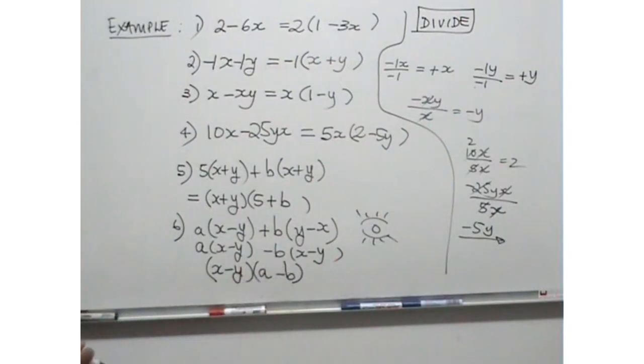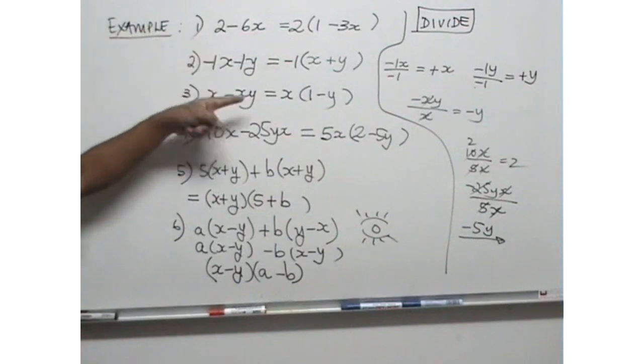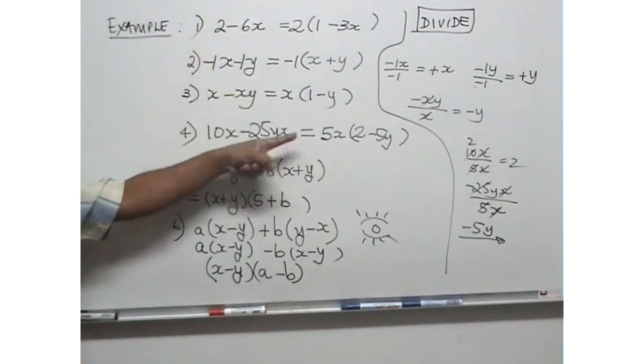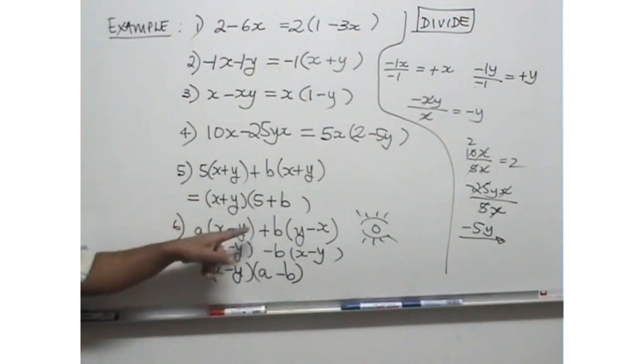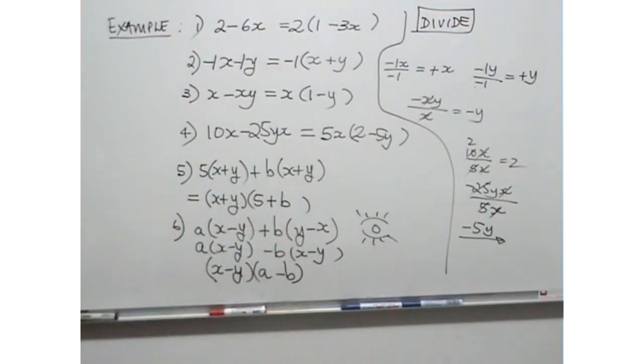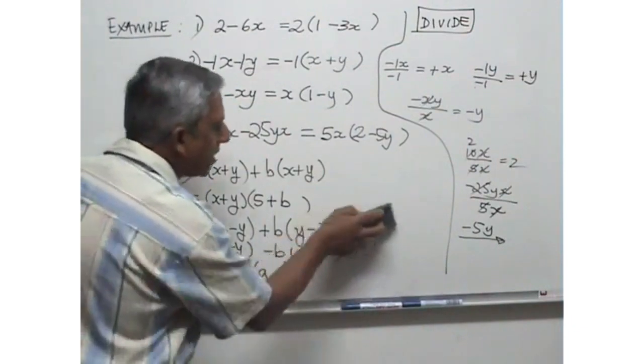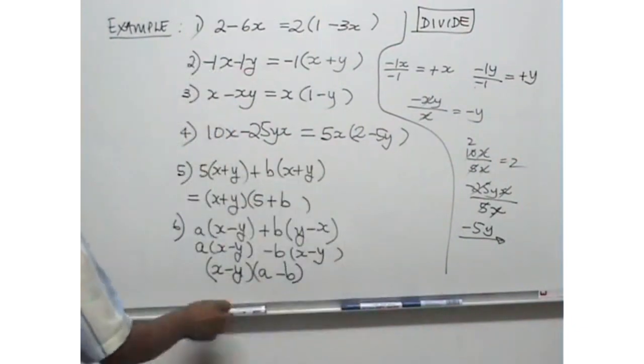So, you can see that your common factor could be a number, it could be a letter, a number and a letter, or it could be a bracket, or a bracket like this that needs change. Now when we have brackets like this that need change, the bracket is given a special name.